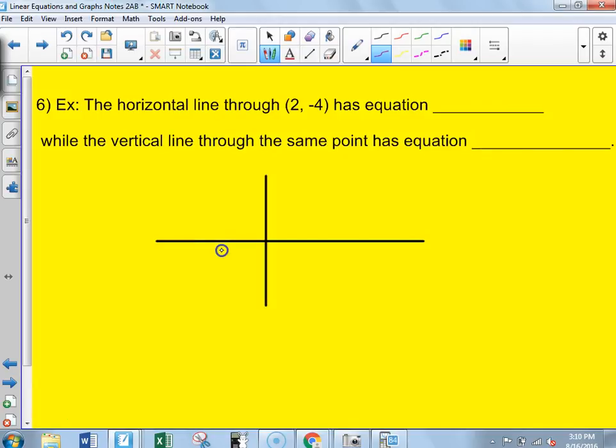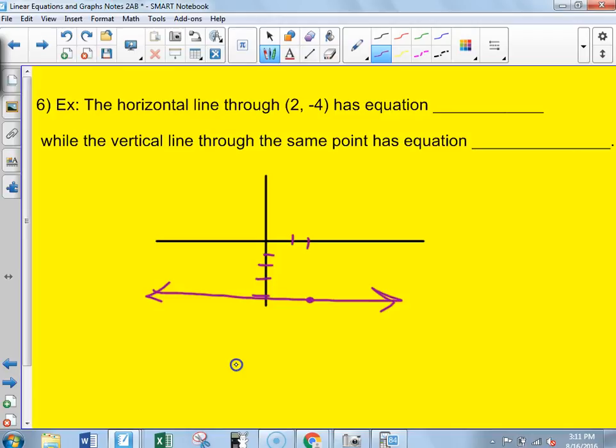Now let's talk real quick about a specific equation. If it has to go through this specific point (2, -4), what would the equation of the line through that point be if it was horizontal? This always stumps people, and once you get it, it's really easy.